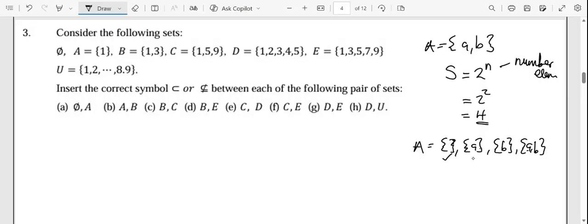So they are 1, 2, 3, 4. Yes. So whenever you are asked to list the subsets, you start with the empty set, then you list single elements, then you combine the elements. They shouldn't be the same, like A and B or B and A. Okay? Is that okay? Yes.